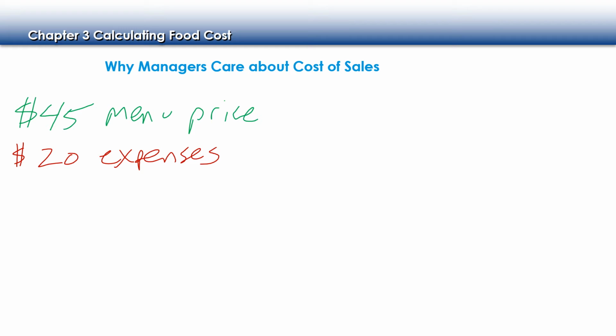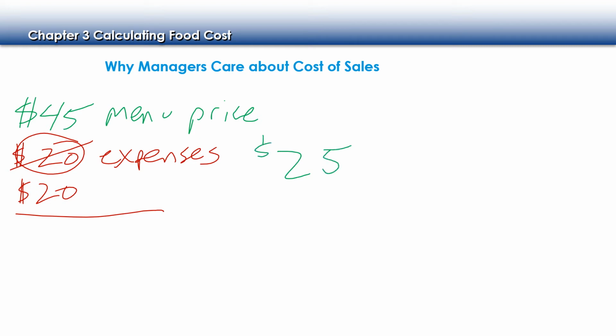And so the steak comes out, it's overcooked. We have to go back and recook that. So now we are spending another $20 because this steak is being thrown away. We're spending another $20 to recreate and re-prepare that meal. So now, instead of getting a $25 contribution margin, we now have only a $5 contribution margin. So that's the reason why we care about the cost of our sales and making things the same.